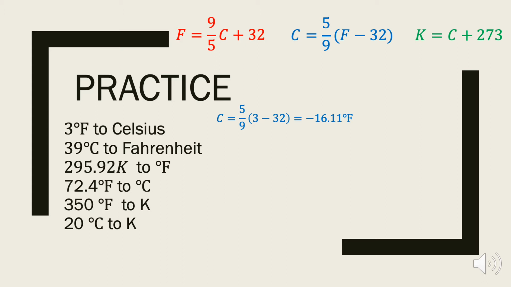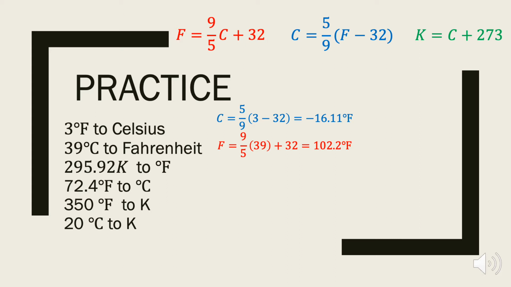To go from Celsius to Fahrenheit, I use the first equation. The Fahrenheit temperature will be equal to this, and we'll get 102.2. Notice how 39 degrees Celsius is equivalent to 102.2 degrees Fahrenheit. 102.2 is higher than 39.